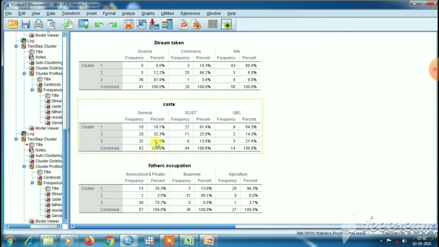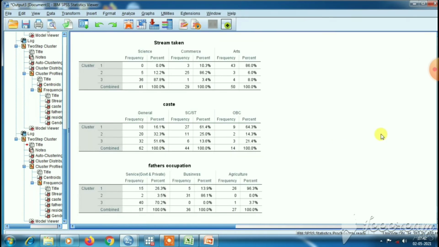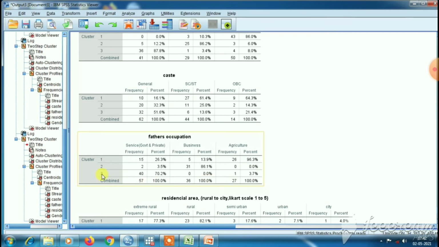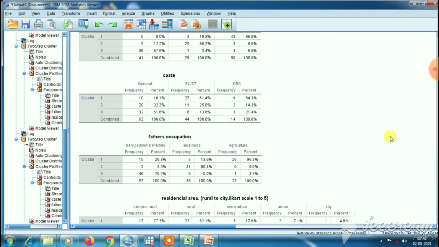Similarly, most of the students are in the general category, because 51.6% of cluster 3 is in the general category, and for father's occupation in cluster 3, 70% are in government service.